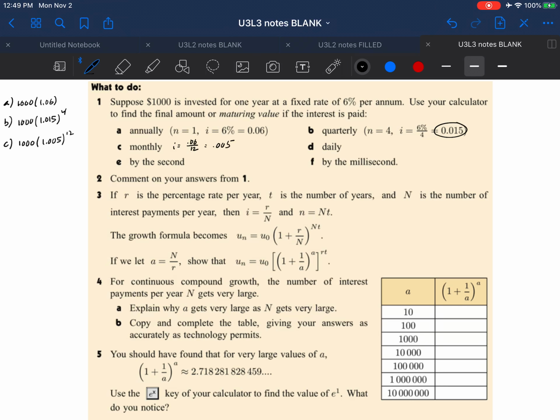Daily, we'll assume 365 days. So I is going to equal 0.06 divided by 365, and I'm just going to keep this daily rate exact. So this will be 1,000 times 1 plus 0.06 over 365 raised to the 365. By the second, oh my gosh.